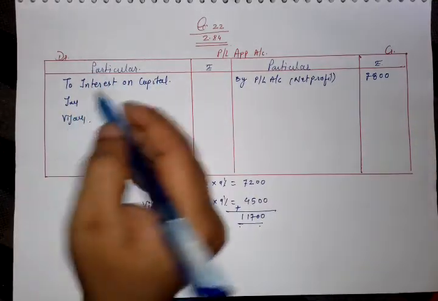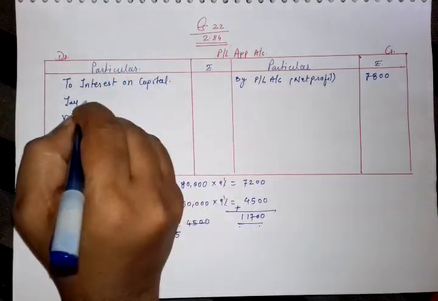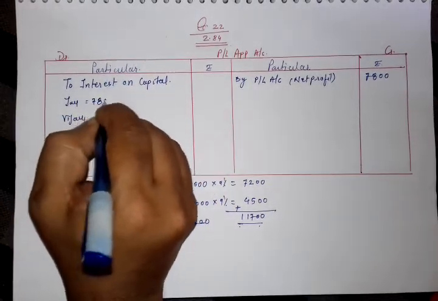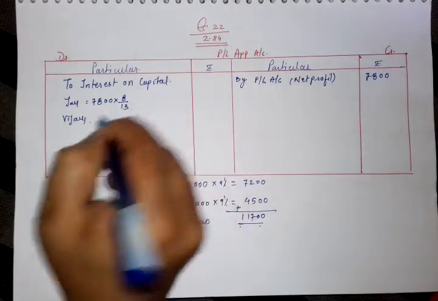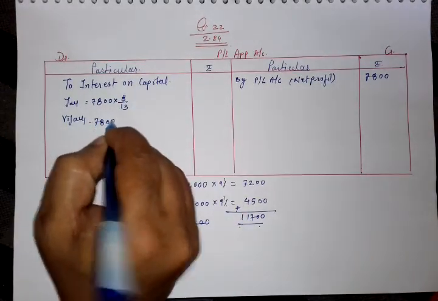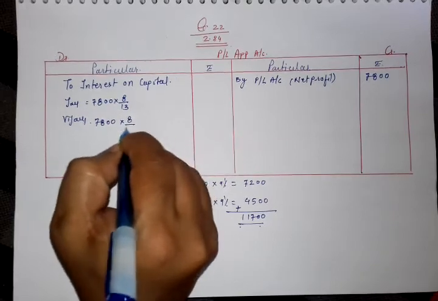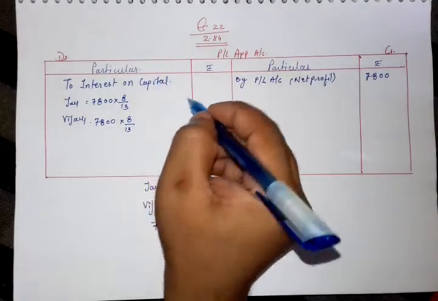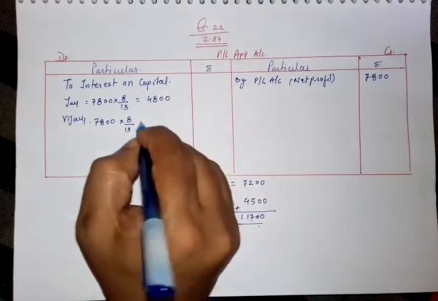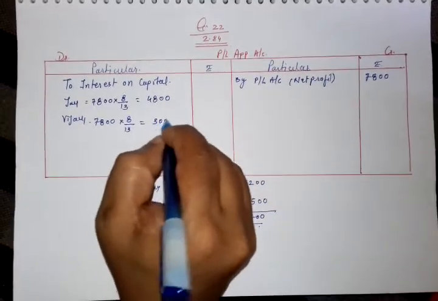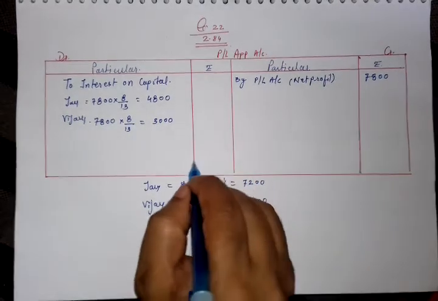7800 between J and Vijay. So here we are calculating 7800 into 8 by 13 for J, and 7800 into 5 by 13 for Vijay. Here we are having 4800 and 3000. Okay, that is okay.